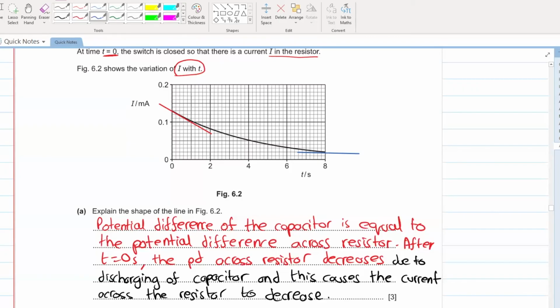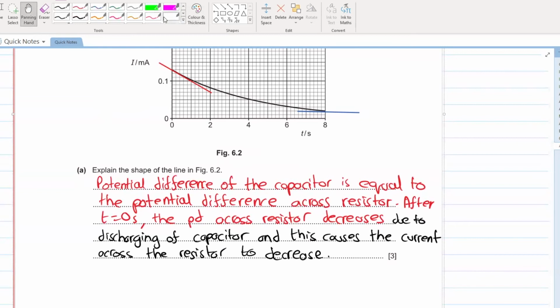You need to understand a very simple equation. What is that equation, sir? From grade 9, we have studied that current is equal to charge over time. So, as time is passing, the charge is decreasing.